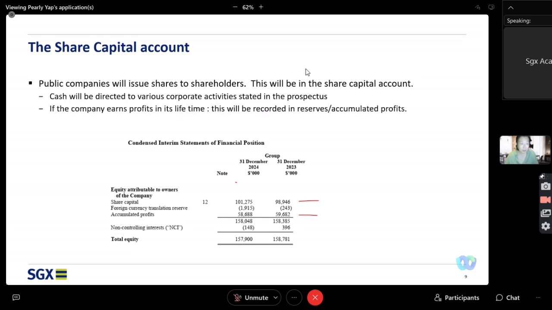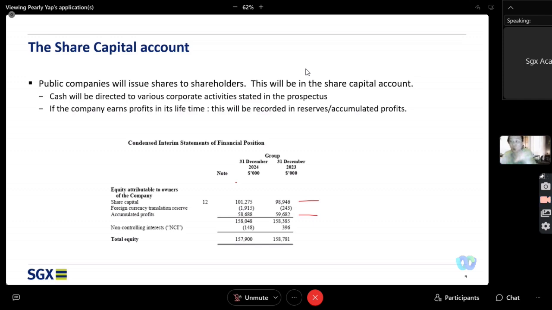Share capital is what all shareholders, including insiders and all the key shareholders, have contributed to the company. It goes under the share capital account, right? And accumulated profits also go inside. Forget about the other items, they're quite small. Okay, so this is very important.